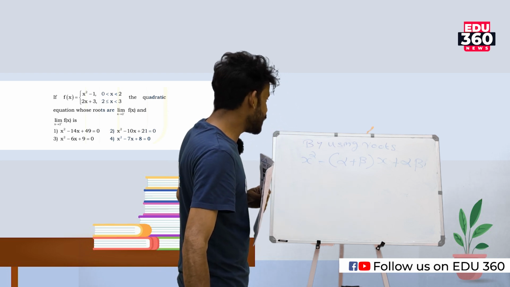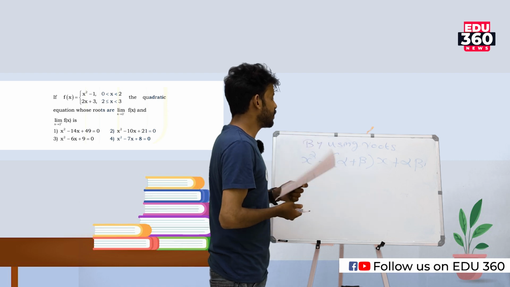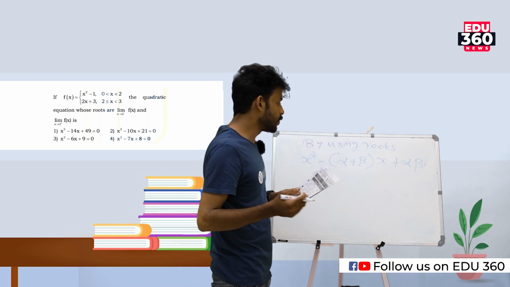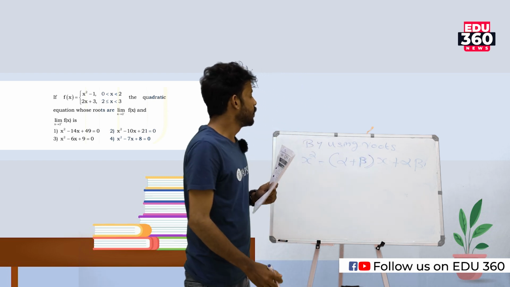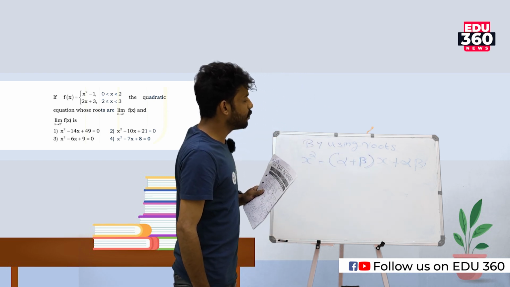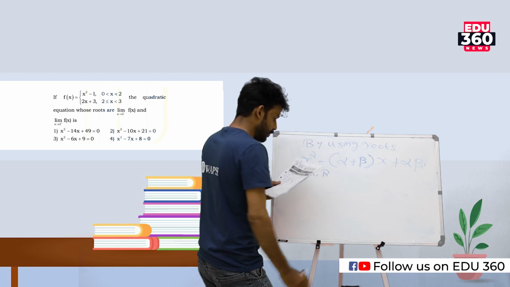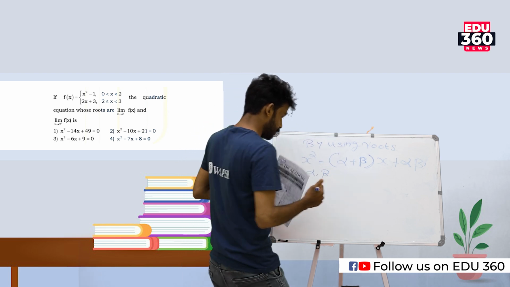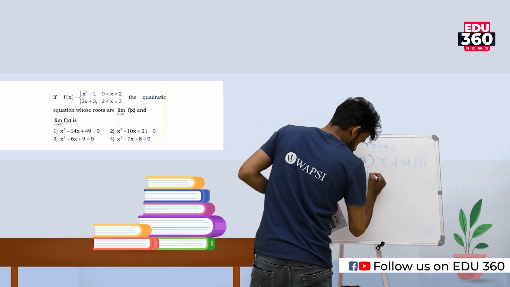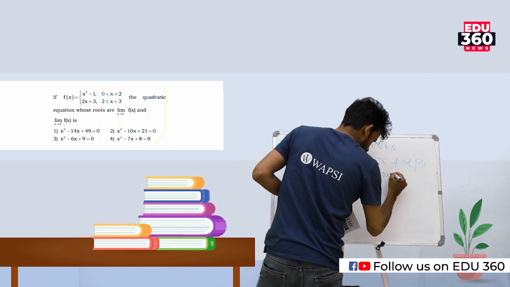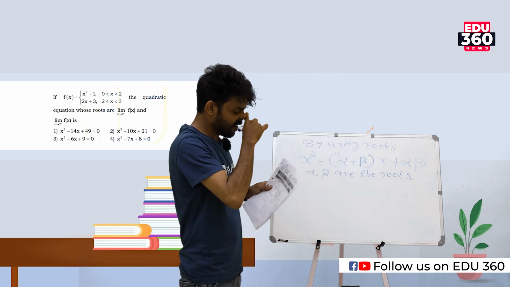This is the standard equation of a quadratic equation by using the roots: x square minus (alpha plus beta) x plus alpha beta, where alpha and beta are the roots.